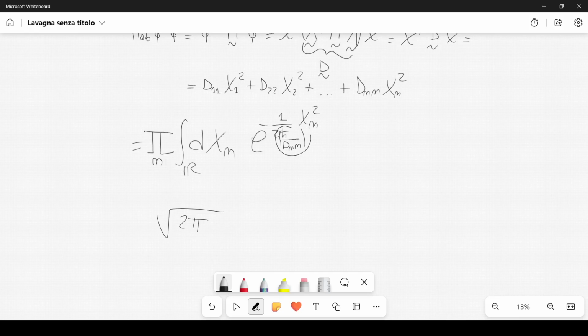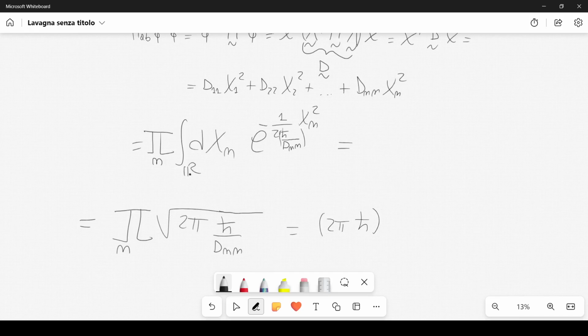But remember, this is sigma squared, so you can put sigma squared inside the square root, and therefore here you will have ħ over dnn, like this. And you have to take the product over n, so this is equal to this, and therefore you can write this as simply 2πħ.